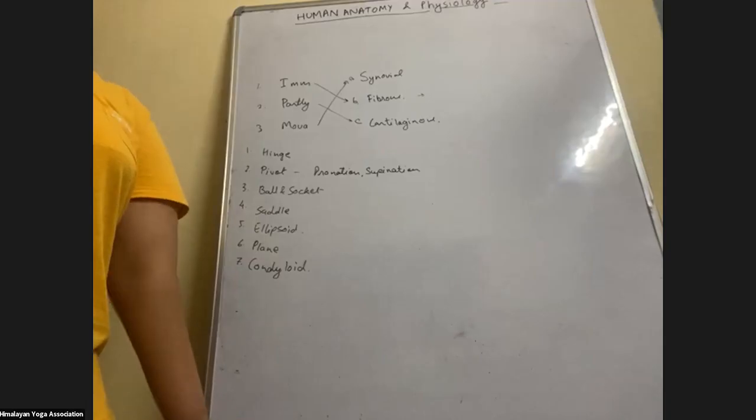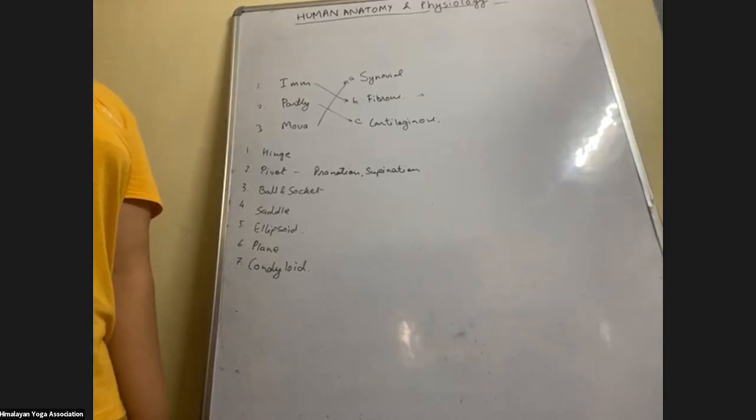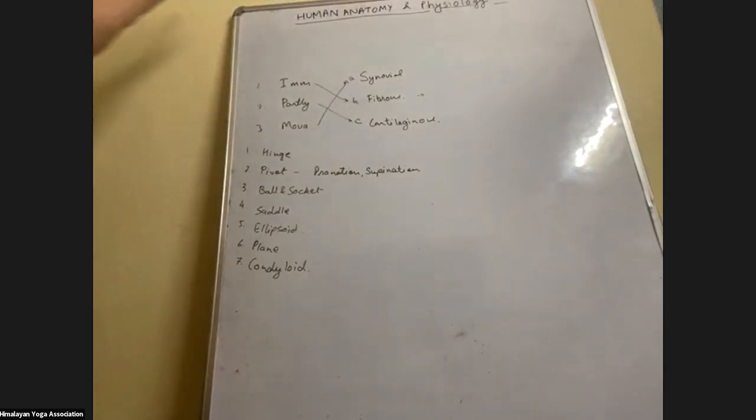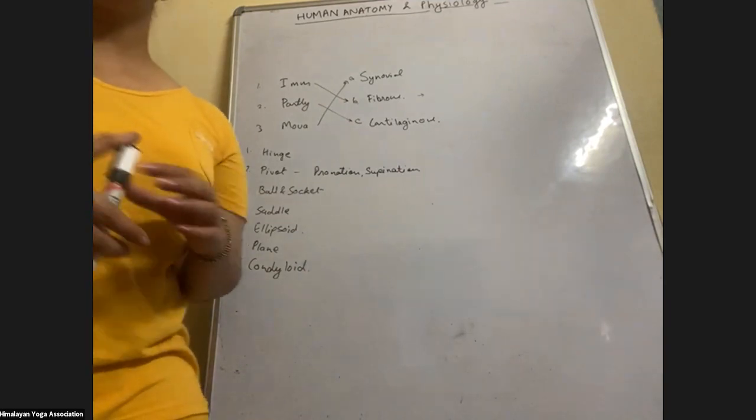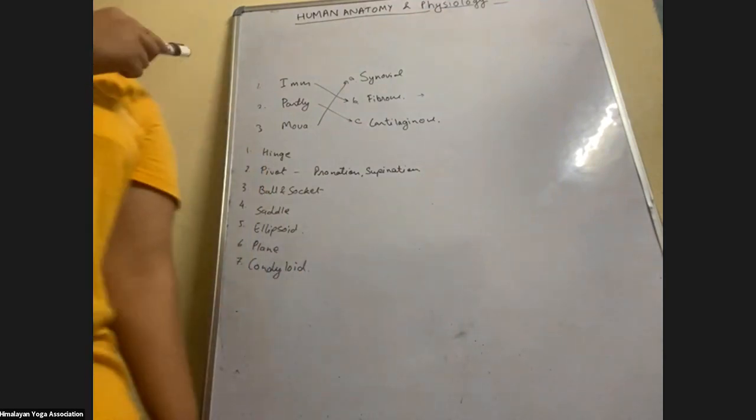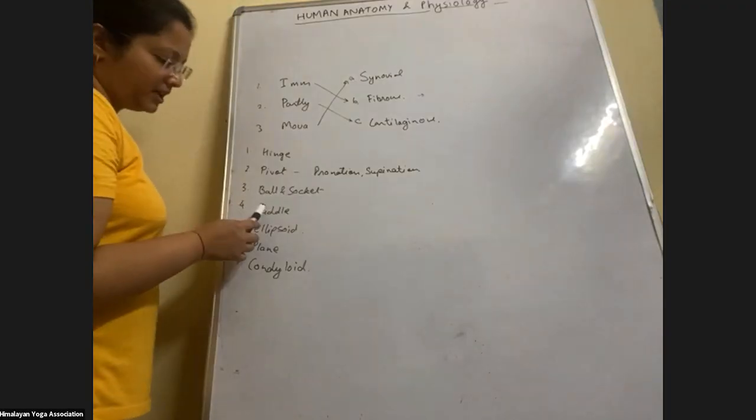And circumduction, the circular motion of the arm, where the full arm is involved. The joint involved in this is the shoulder joint, the ball and socket.